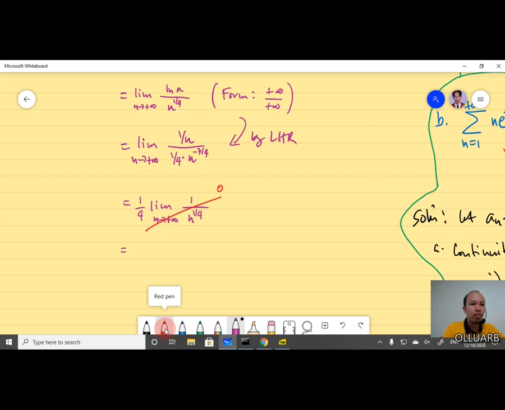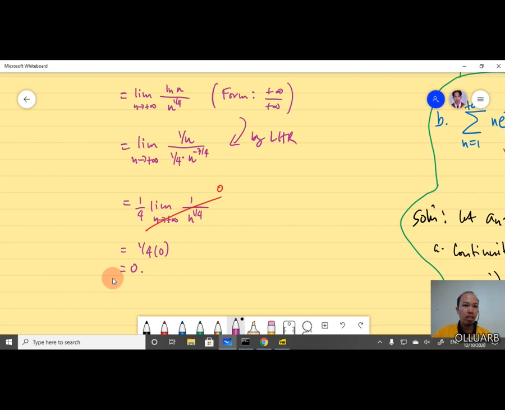So 4 times 0 is 0. So the limit of a sub n over b sub n as n approaches infinity is 0.